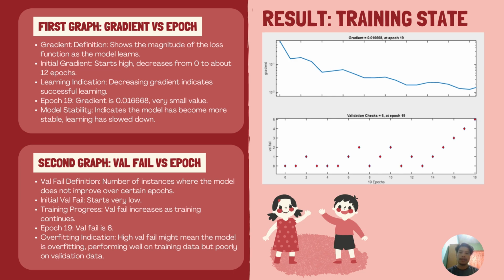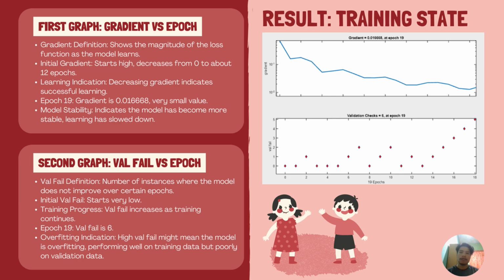The second graph is validation fail versus epoch. Validation fail means the number of instances where the model does not improve over a certain number of epochs. Initially, the validation checks are low, indicating that the validation loss is not increasing frequently. As the training proceeds, the number of validation checks increases, reaching 6 at epoch 19.